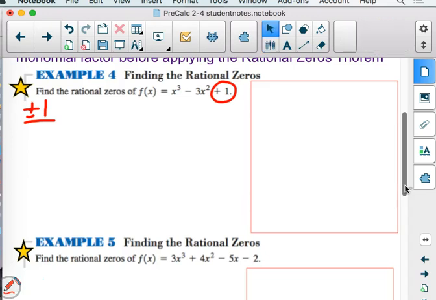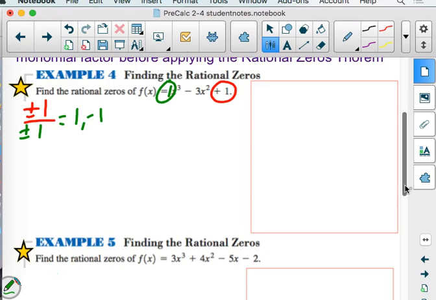And then you divide that by all the factors of the leading coefficient, which in this case is a 1. So we have 2 different zeros to try. 1 divided by 1 is going to be 1, and positive 1 divided by negative 1, or vice versa, is negative 1. Those would be the 2 possible zeros that we could try.